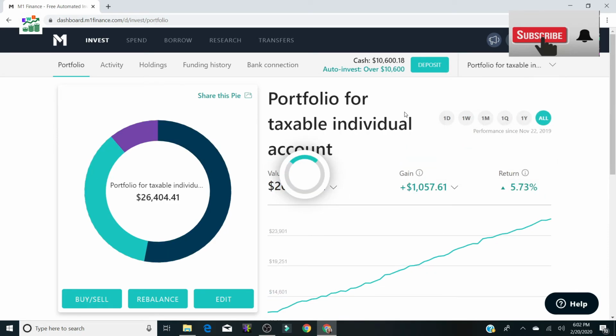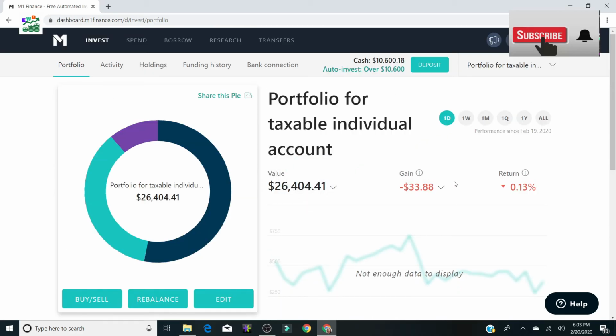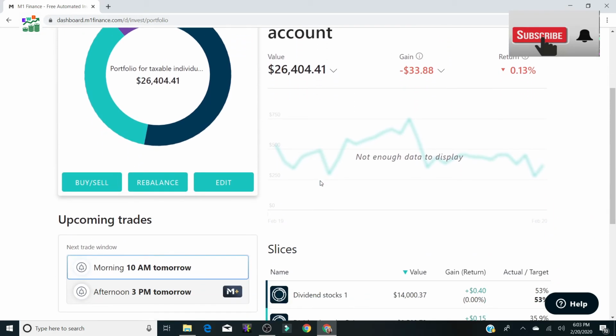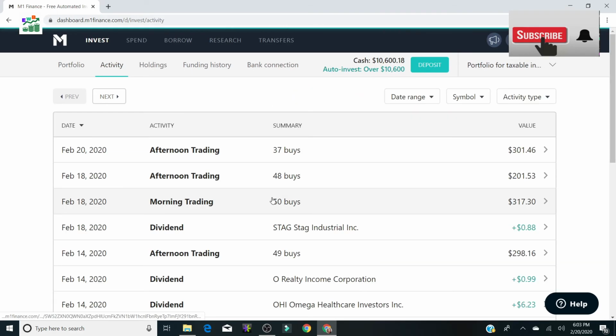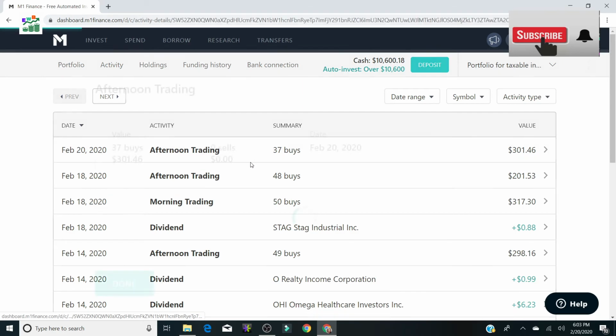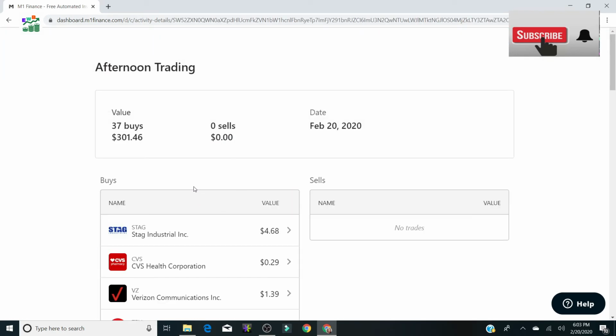For my taxable account, I also put in about a $300 order to purchase different stocks at different prices. You see 37 buys. I have a total of 52 holdings in this account. However, the other holdings didn't get bought because they outperform the percentage that I assigned.